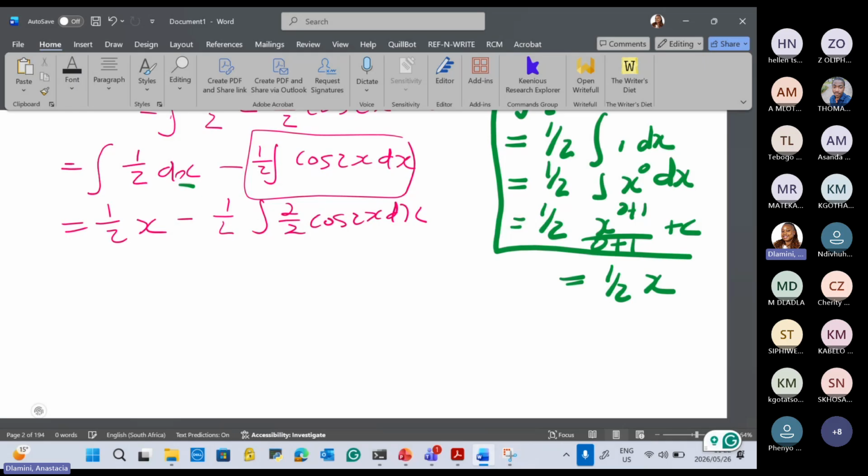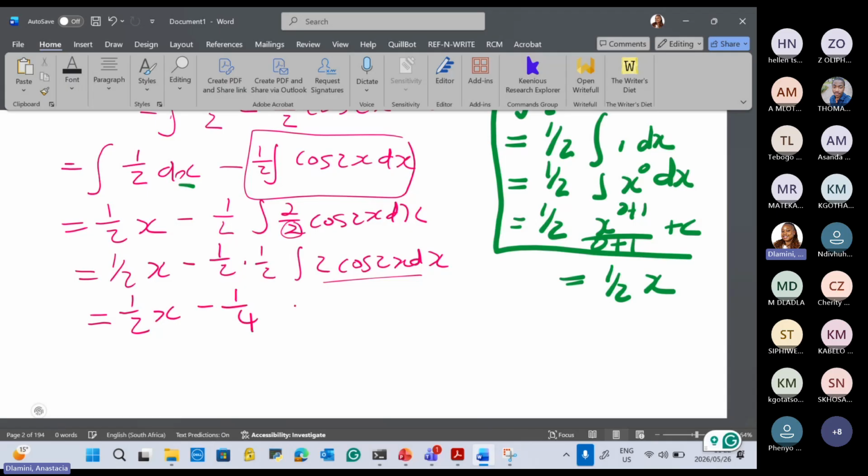Because we want a 2, we can take out a half. So this is 1 over 2x minus 1 over 2 times the integral of 2 cos of 2x dx. Therefore, we can now write this as sine 2x. So this is equal to 1 over 2x minus 1 over 4 sine of 2x plus c.